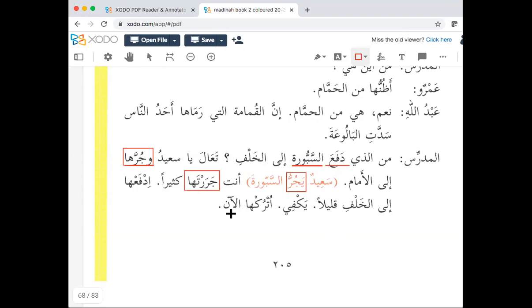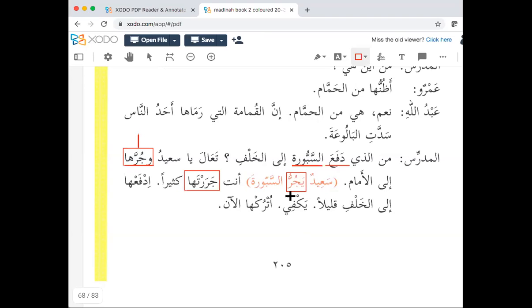Okay. So before going anywhere else, let's have a look at these three examples that they've given. One is jurraha ila al-khalfi.